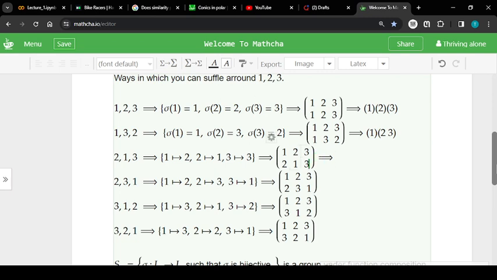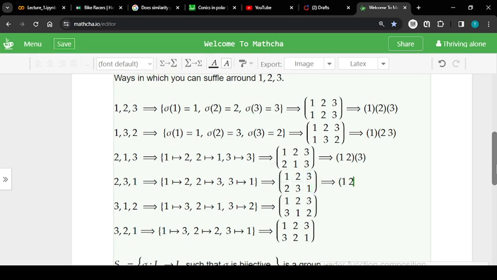Okay, now let us see here. Of course, you could see 1 is mapped to 2 and 2 is mapped to 1, so 2 will be mapped back to 1. So we write 1, 2 as a cycle, and 3 is a fixed point. Okay, now let us see here. 1 is mapped to 2, 2 is mapped to 3, and 3 is mapped to 1. I think nothing is fixed, right? So this will be a fun problem.